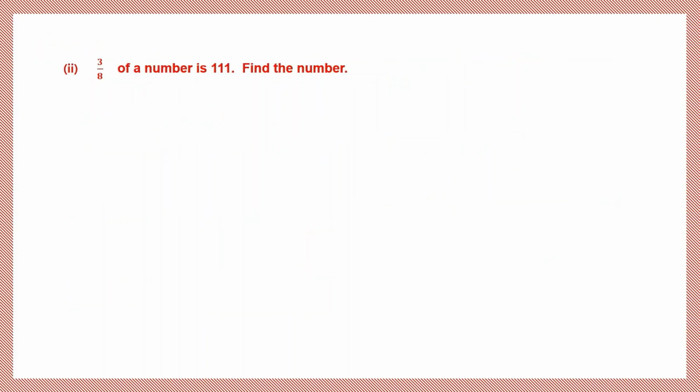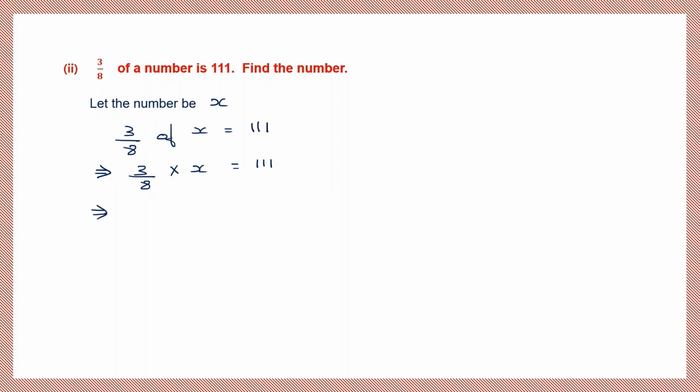Question 2. 3/8 of a number is 111. Find the number. Let's consider the number to be x. According to the question, 3/8 of x is equal to 111. That means 3 by 8 into x is equal to 111.